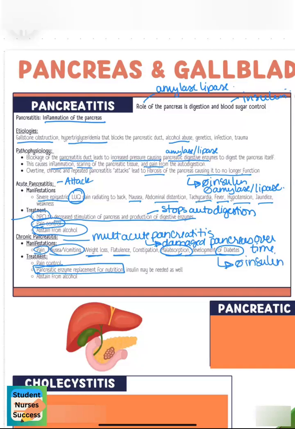They take some enzymes and actually directly put them into their stomach so that they can digest their food. Additionally, they may need insulin as well. And of course, again, abstaining from alcohol because it's known that alcohol just really exacerbates and worsens this process.